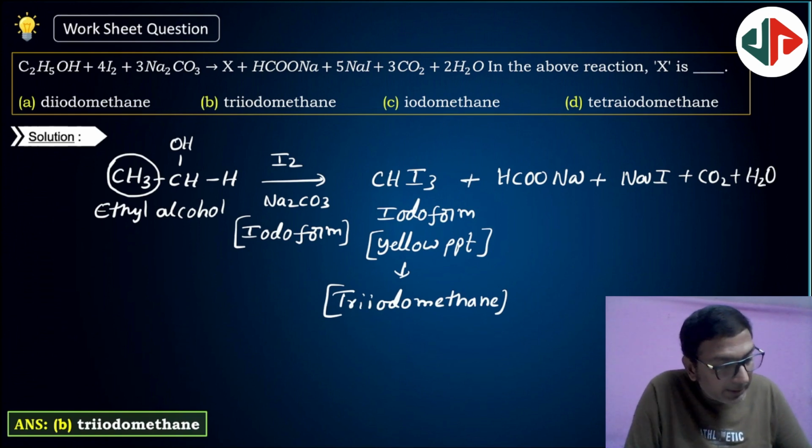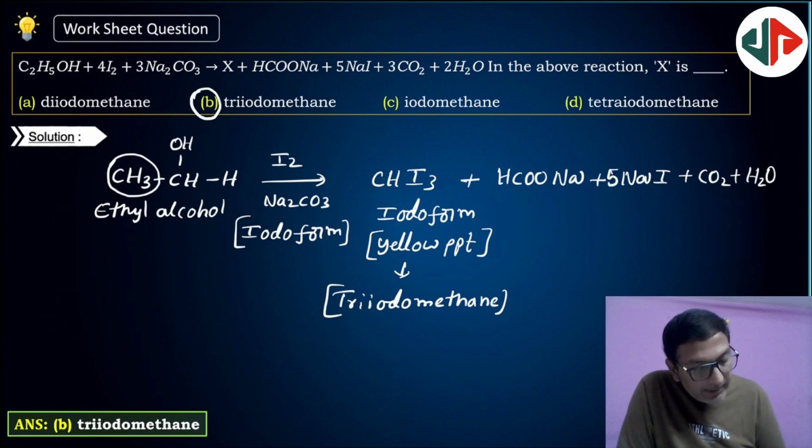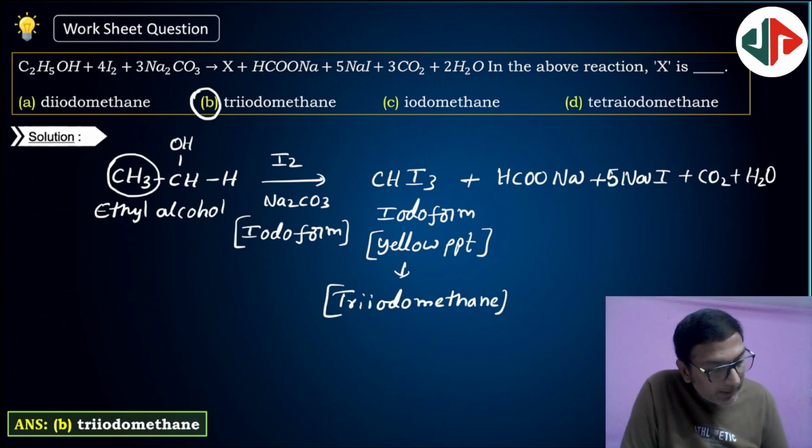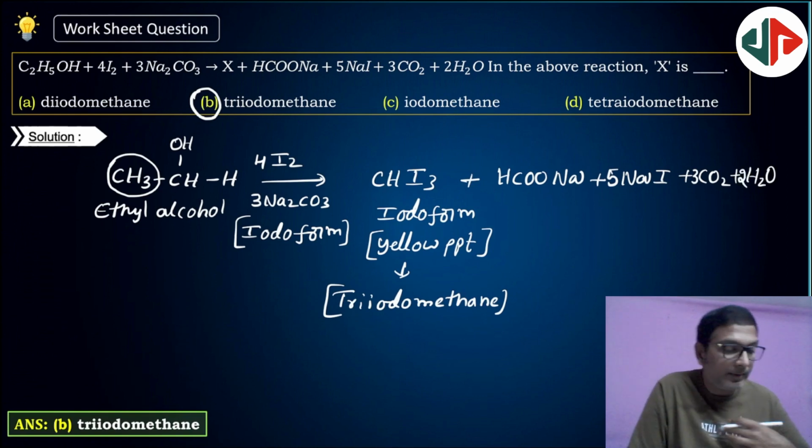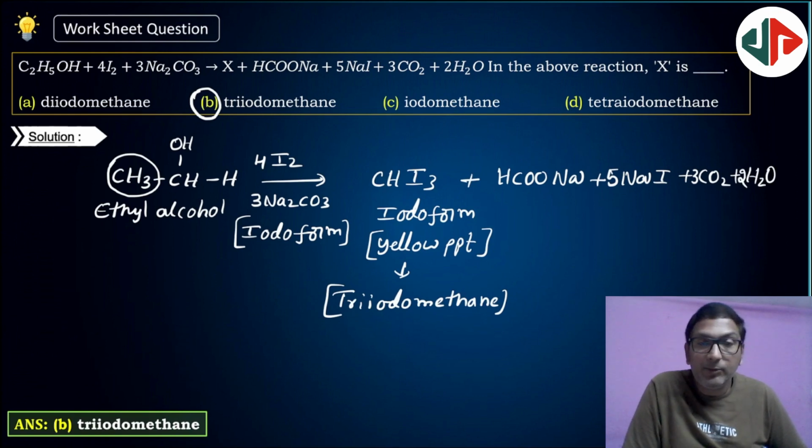So option B. So balancing here: 3 moles of Na2CO3 and 4 moles of I2, 1 mole of iodoform, 3 moles of CO2 and 2 moles of H2. Best example for iodoform, haloform reaction.